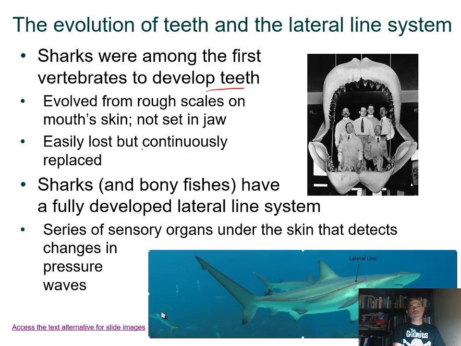So they were not set in the jaw. And for sharks, they easily lose their teeth, but they're constantly making more teeth. They don't necessarily have the same origin that our teeth would. So they have smaller teeth further back in their mouth, and as the older ones get lost, they are being replaced by the new teeth that are being produced.